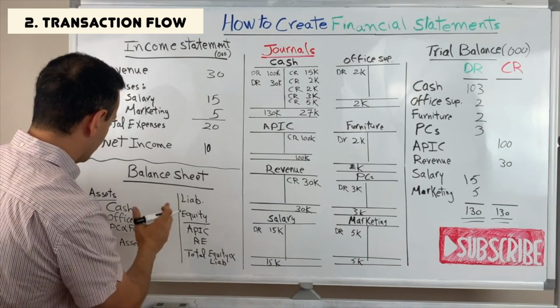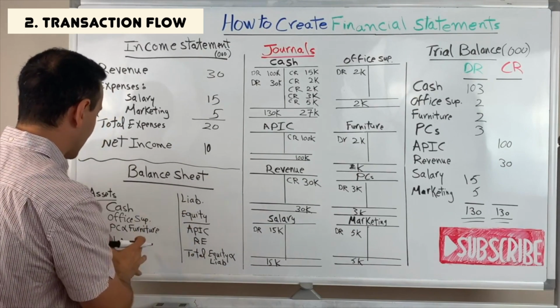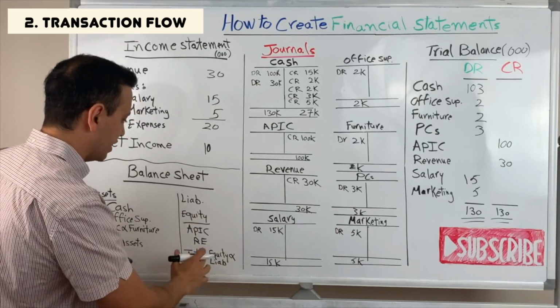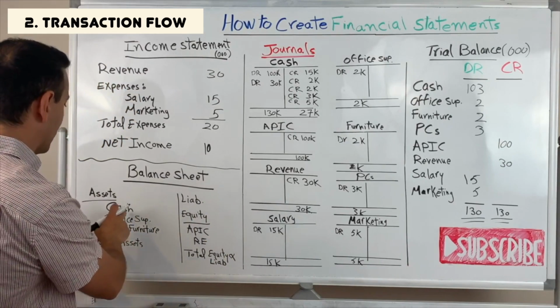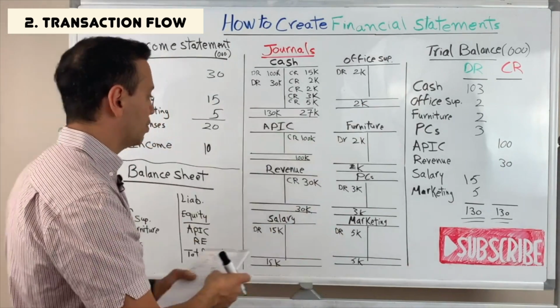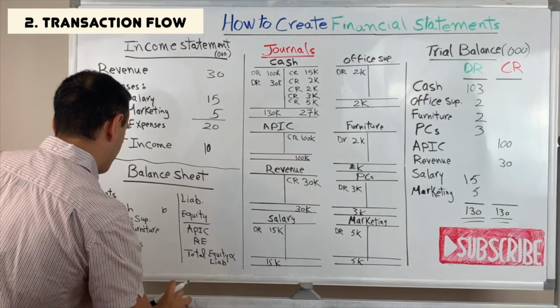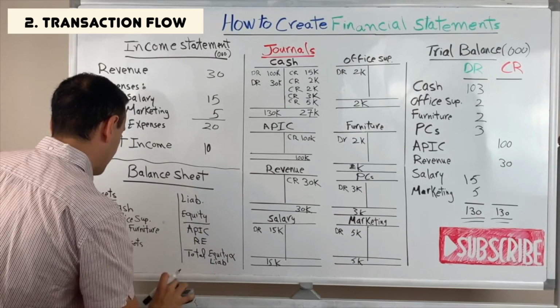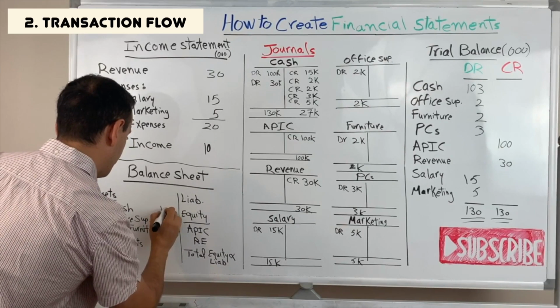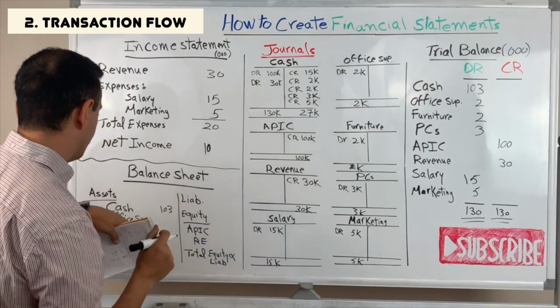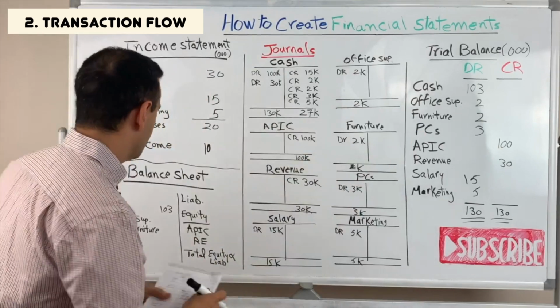Now, when we look at the balance sheet, basically we summarize in terms of assets, and then the two sides that we balance is one side assets, the other side is total liabilities and equity. So basically assets, we have cash right here, 103. Office supplies, 2,000.